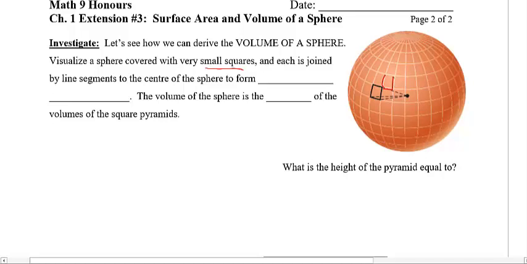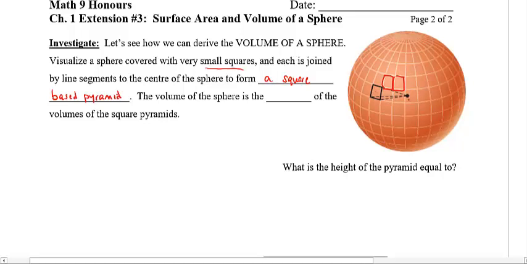Squares, squares, squares, and each is joined by line segments to the center of the sphere to form a square-based pyramid. And that's the shape there drawn.